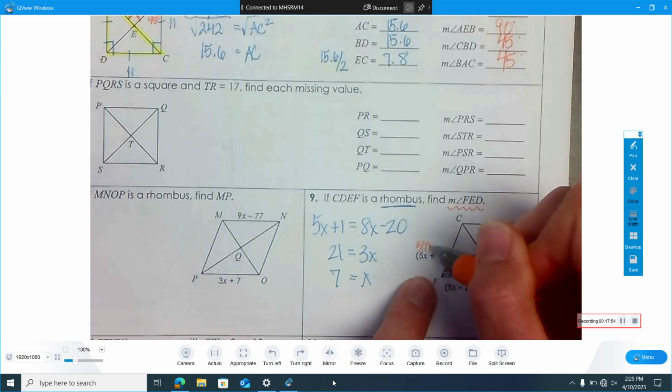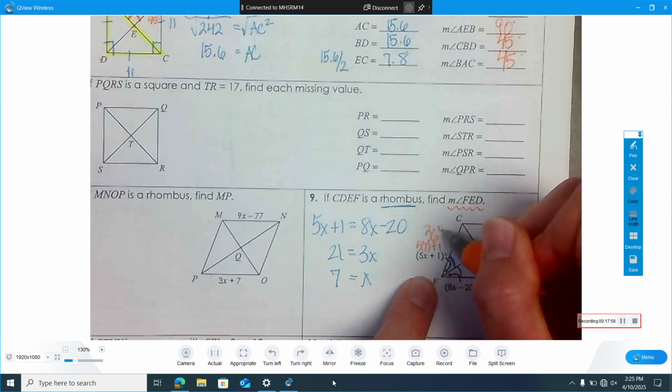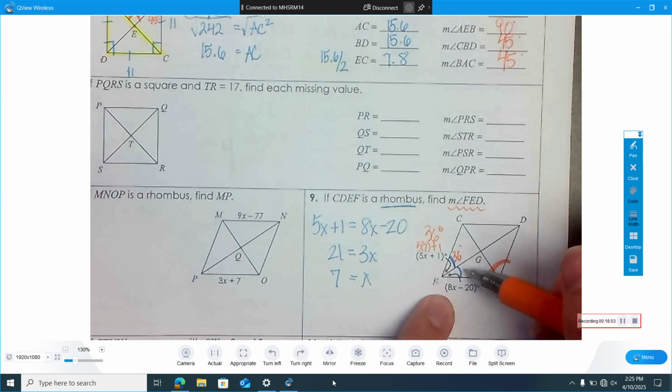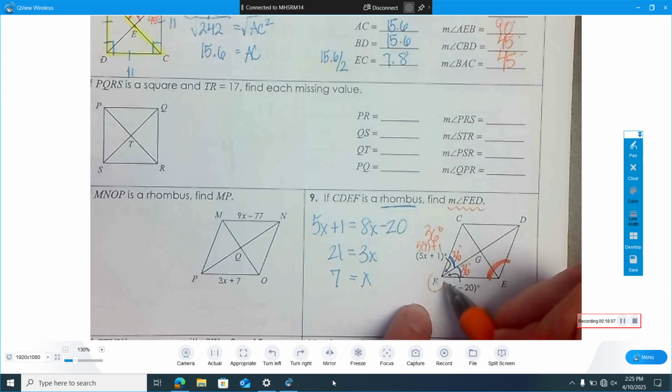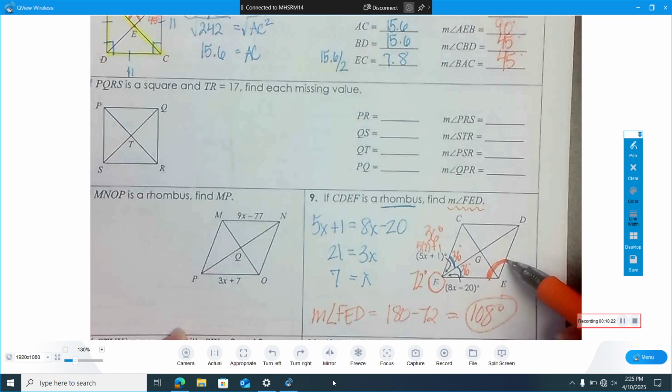So 5 times 7 plus 1 is 36 degrees. So this angle is 36 degrees. What's his adjacent angle? Also 36. So what is this whole angle F? 72. Okay. So then the measure of angle FED is going to be 180 minus 72, which is 108 degrees right there.